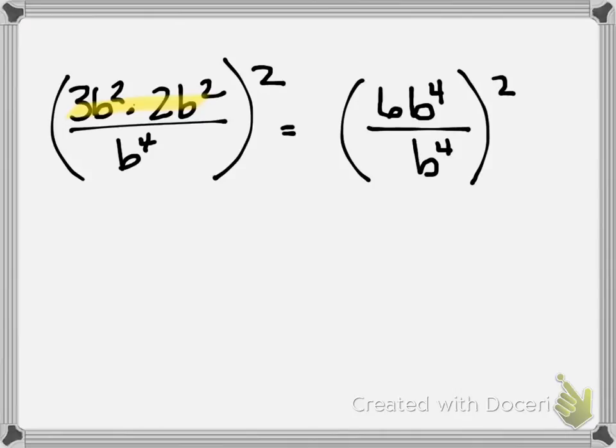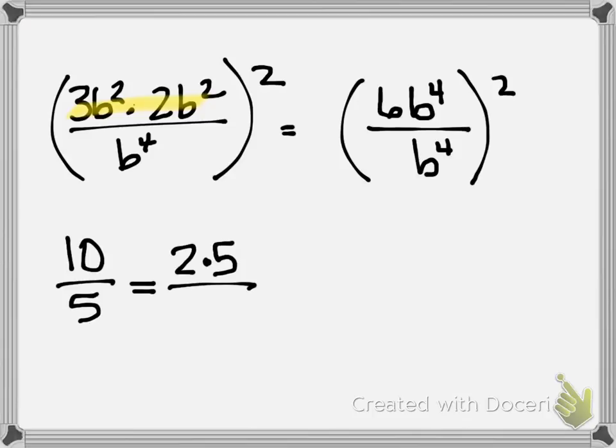So if you will remember, when you had something like, let's say 10 over 5, now we all know that's 2. But 10 is really 2 times 5. And what happens is the 5's cancel to give you 2.